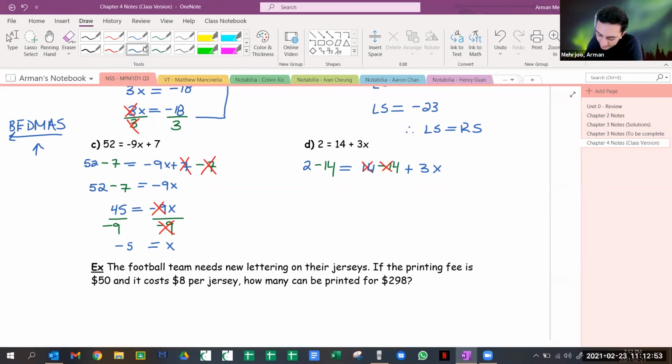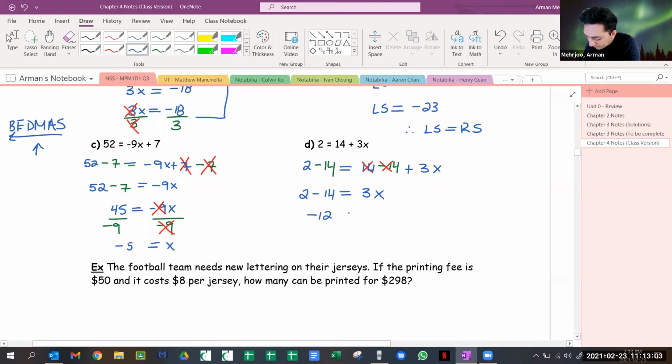These 14s will cancel, and I'll be left with 2 minus 14 equals 3x. 2 minus 14 is negative 12. And then I can divide both sides by 3. Negative 12 divided by 3 is negative 4, and x is equal to negative 4.